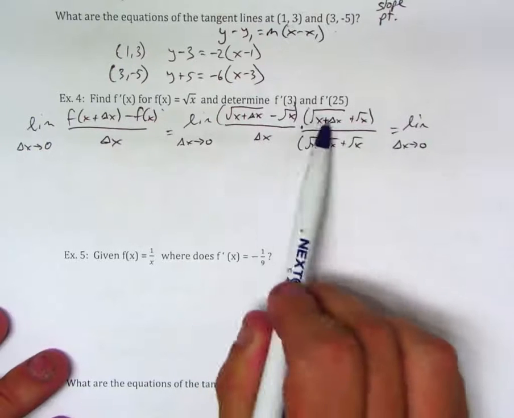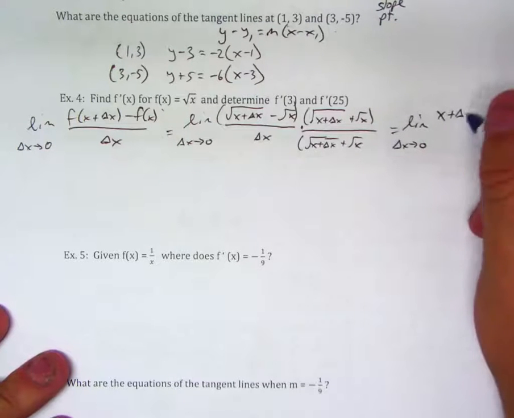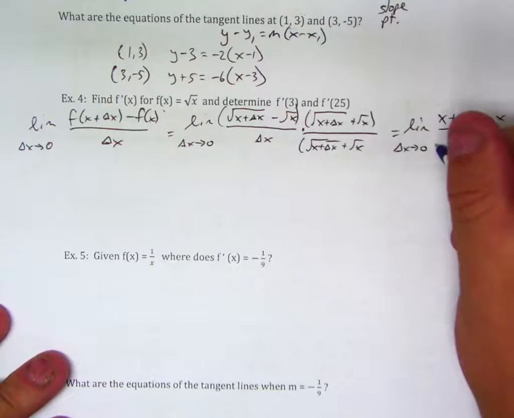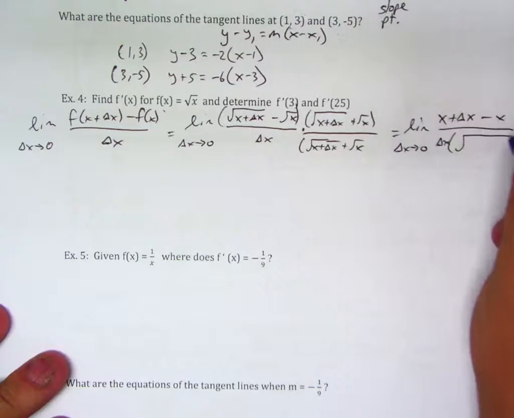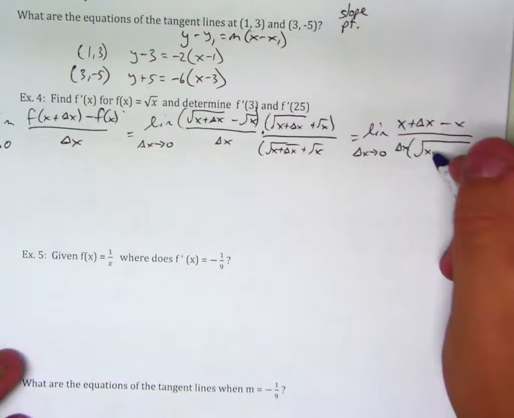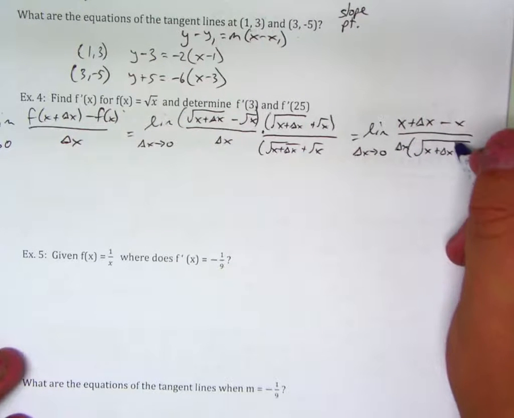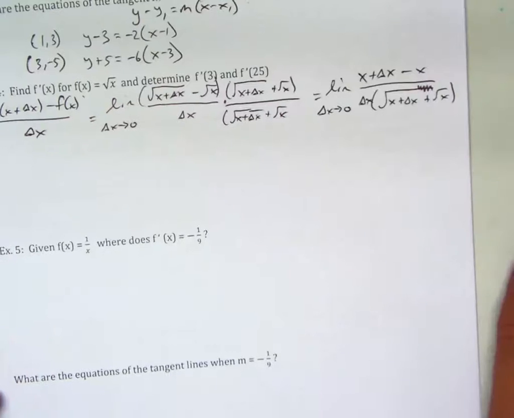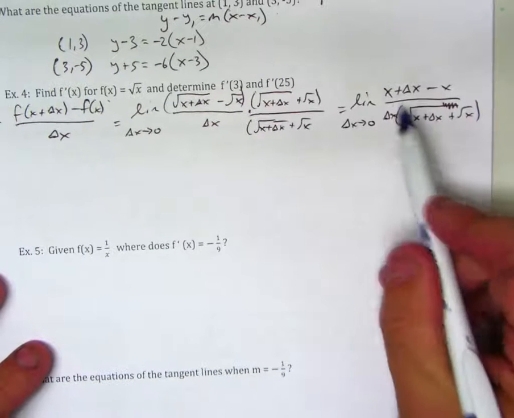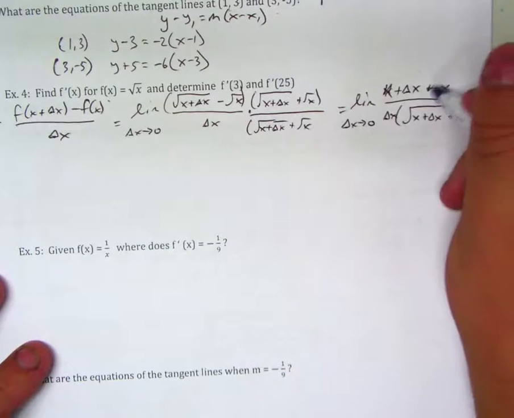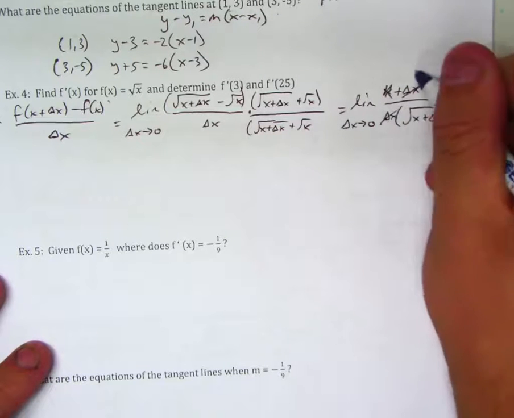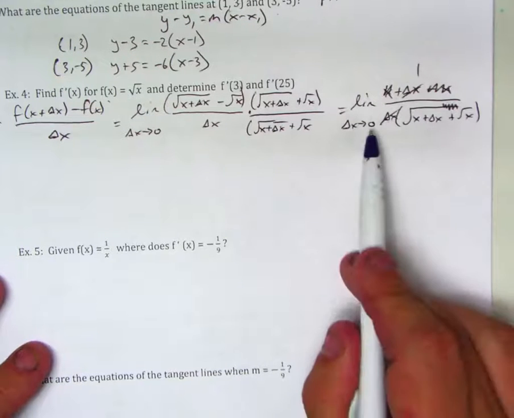Multiply the top, so you're going to get x plus delta x minus x over delta x times square root of x plus delta x plus square root of x. Remember, don't distribute it because you want it to cancel out here in a second. So the x's cancel out. Delta x over delta x, you can cancel that out. That becomes a 1.